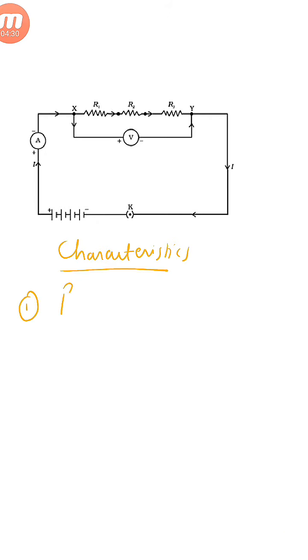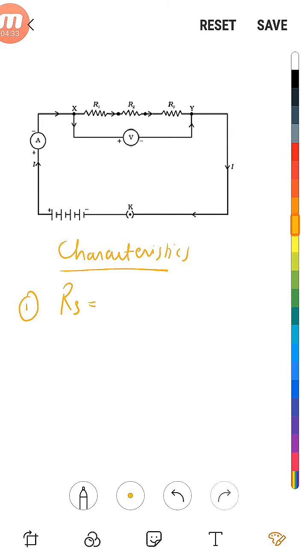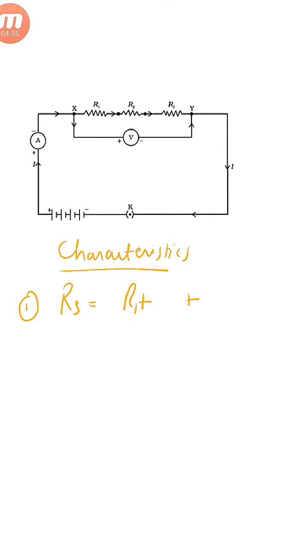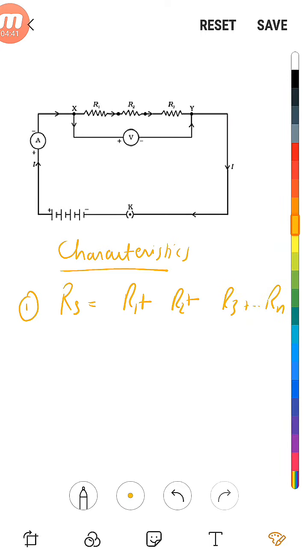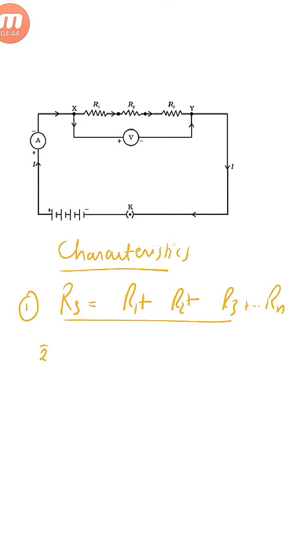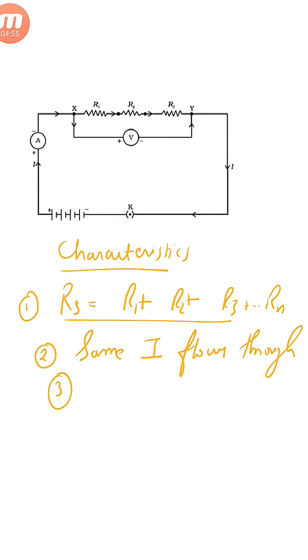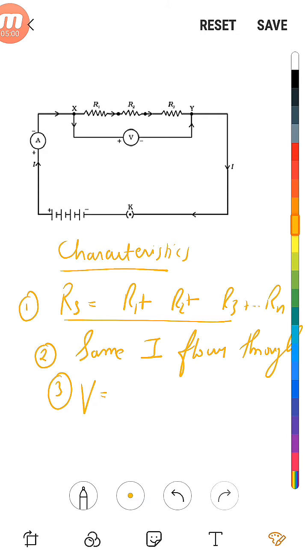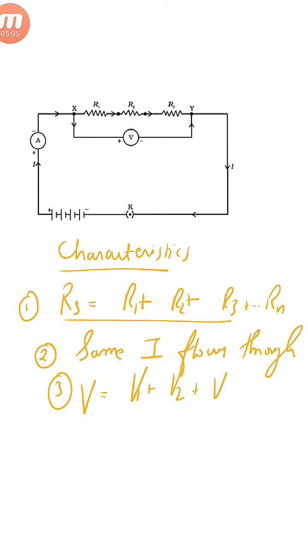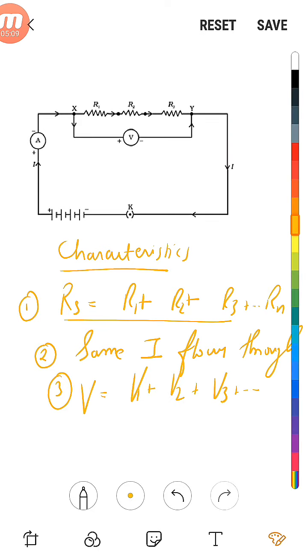Number 1, the effective resistance is the sum of individual resistances. 2, the same current I flows through all the resistances. 3, the potential difference between the extremes of the resistances is the sum of the potential differences across each resistance.